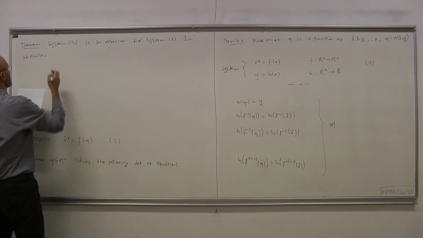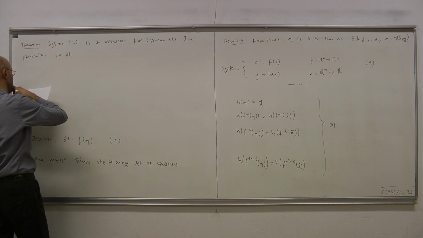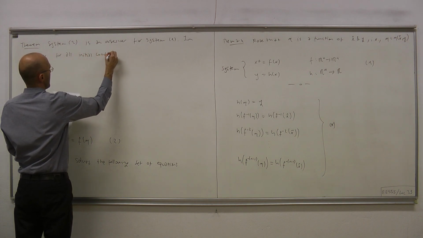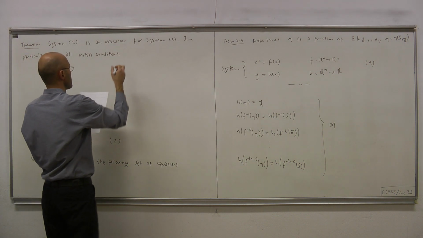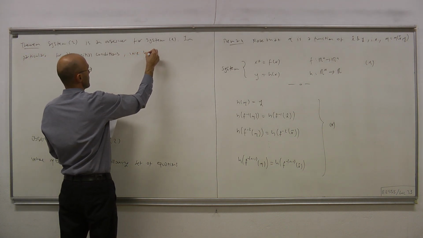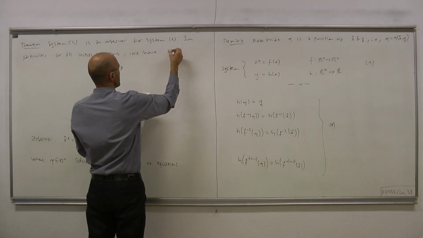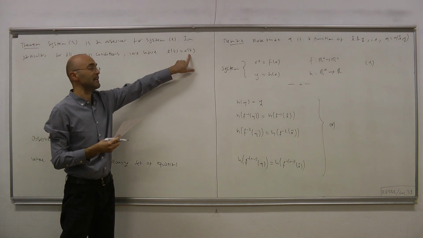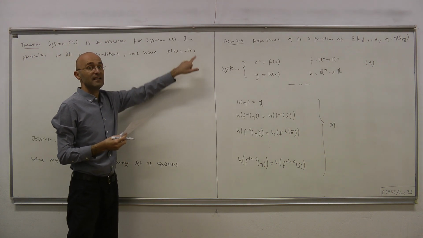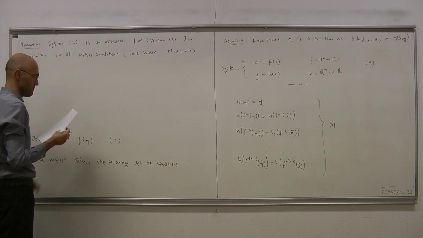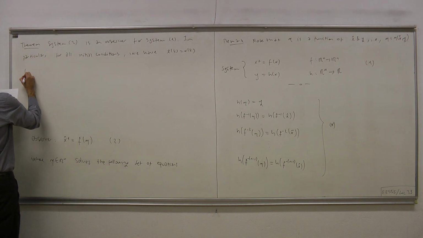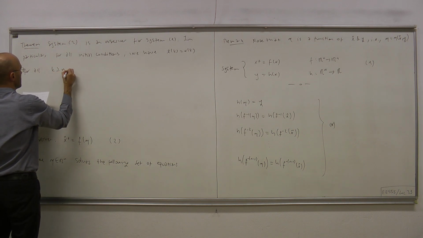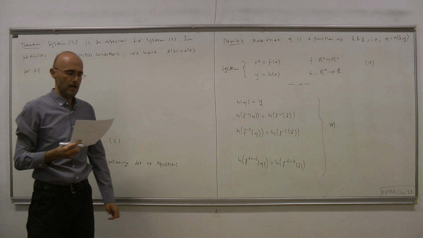Okay. In particular, for all initial conditions, we have x hat k equals x k. Okay, so the observer state exactly estimates the actual state after n steps, for all k greater than or equal to n.